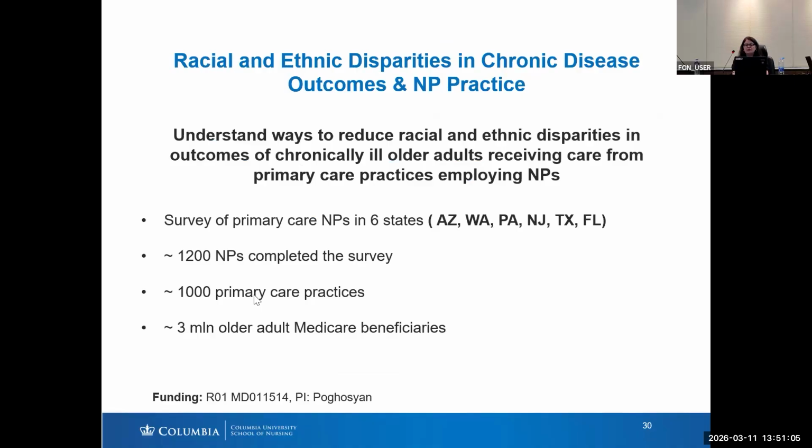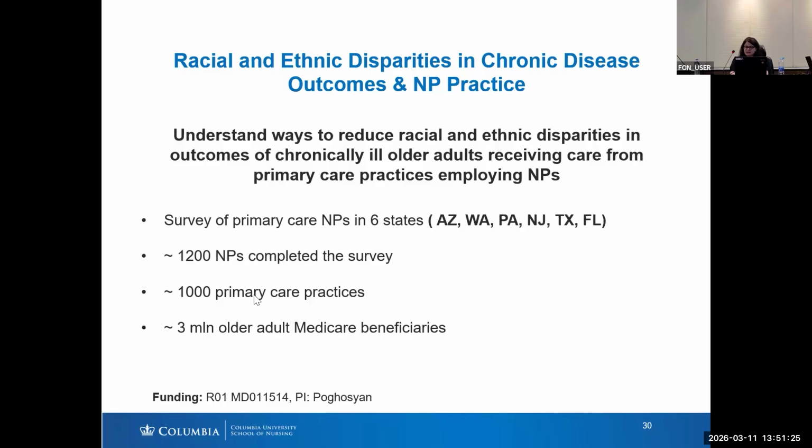We know that in the US, there are Black and Hispanic patients who don't have the same outcomes as white American patients, which is a problem. So we're trying to figure out, are there ways to really effectively utilize nurse practitioners to reduce those health disparities?